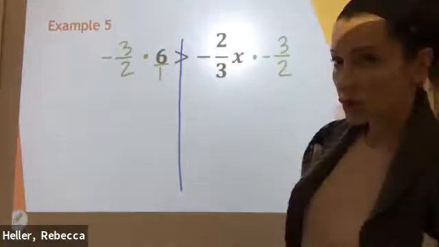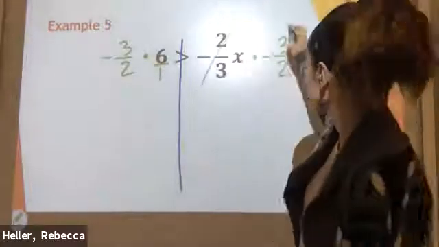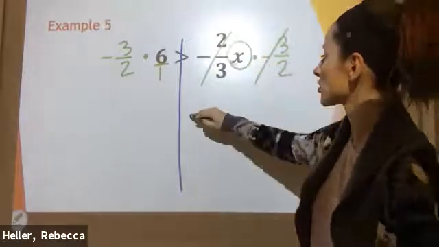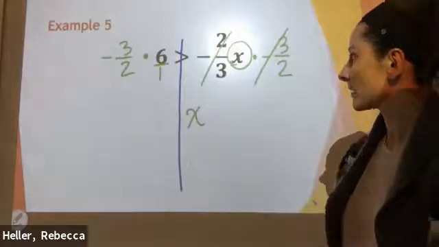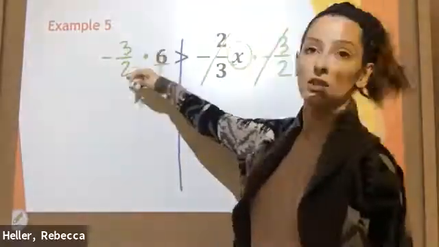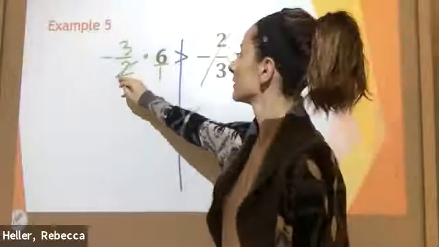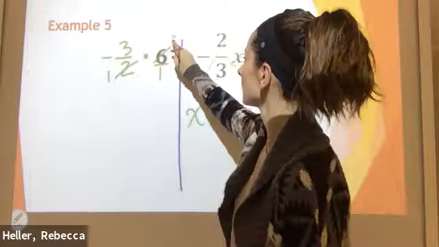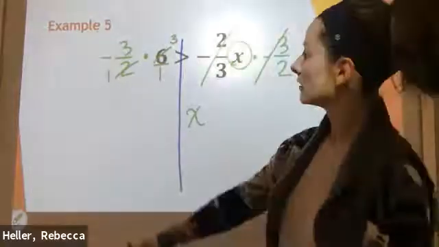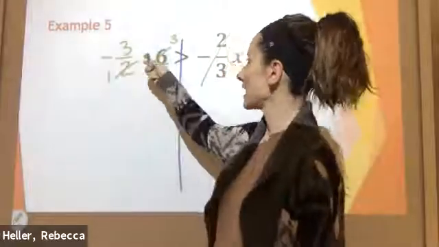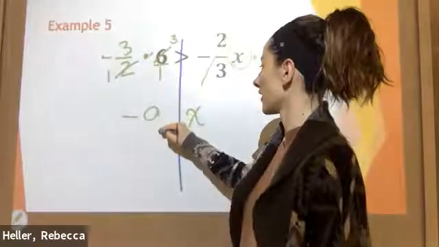This one's tricky for a lot of reasons. That is nice because that cancels and leaves just x. The 6 and the 2 can cross simplify to a 1 and a 3. And then we have a negative 3 times 3, which becomes negative 9.